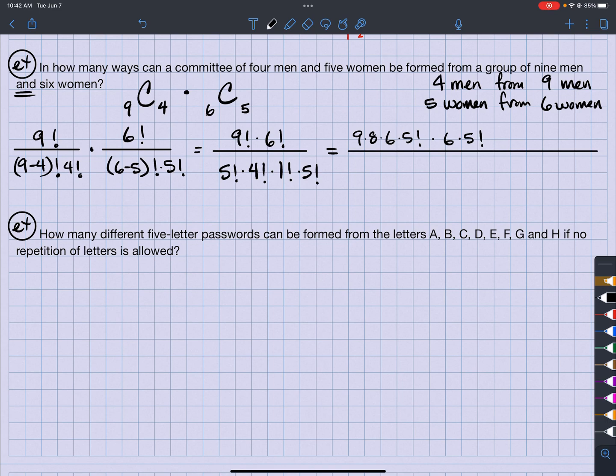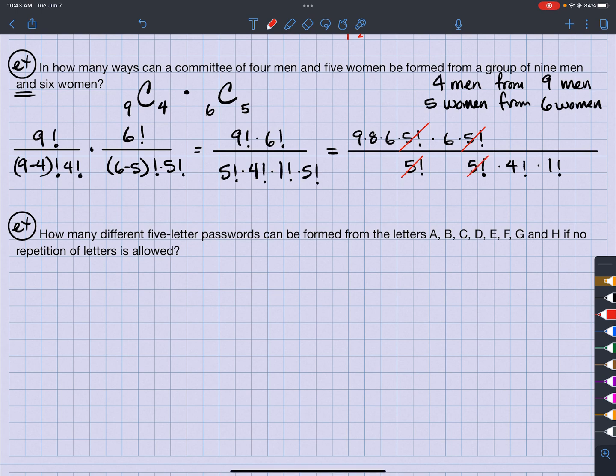And at the bottom I have 5 factorial times 5 factorial times 4 factorial times 1 factorial. And 1 factorial is just 1. The reason I laid it out this way is because you can see that those would go away.